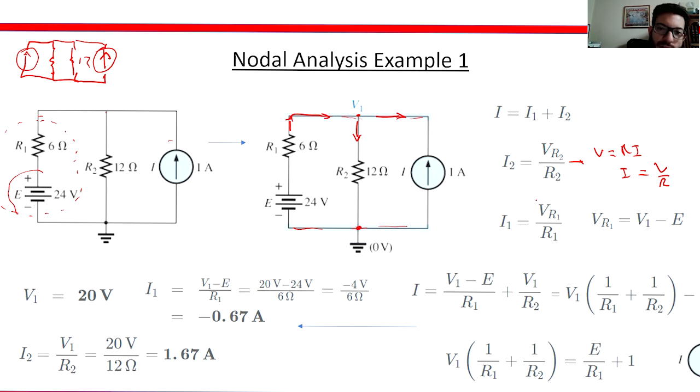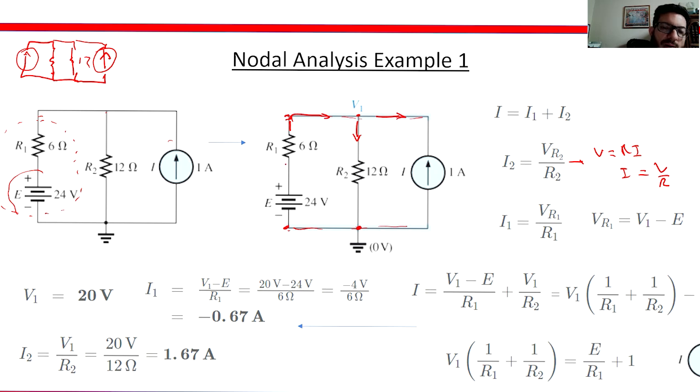Current 1 is the voltage drop through this resistor. So it's voltage drop through VR1 divided by resistor 1. But notice that the voltage between here and here is not 24 because there's a voltage drop here. The voltage between here and here is 24 plus the voltage drop here.